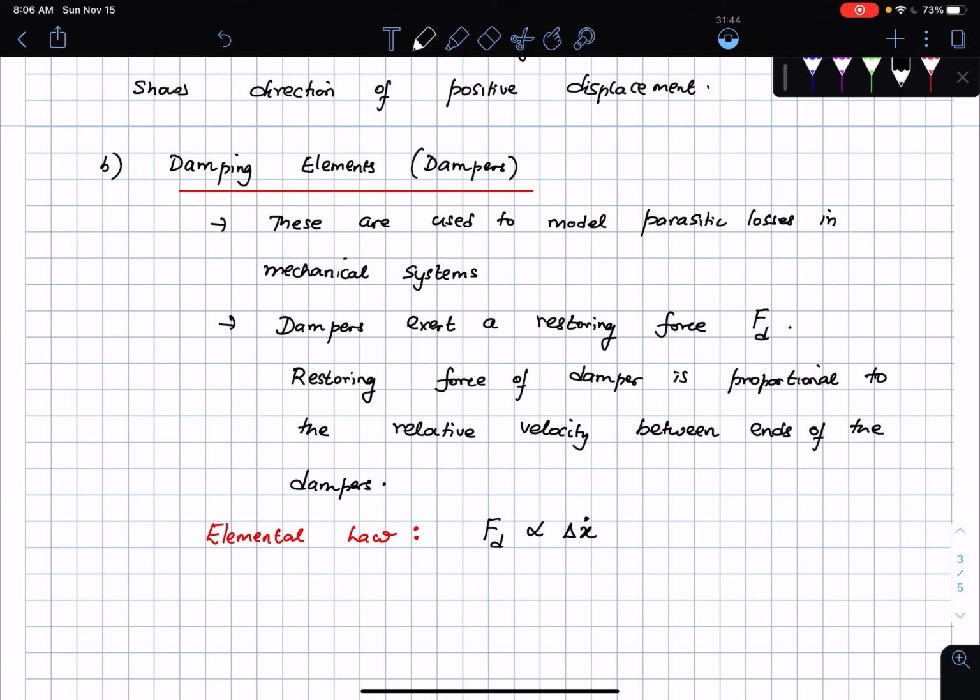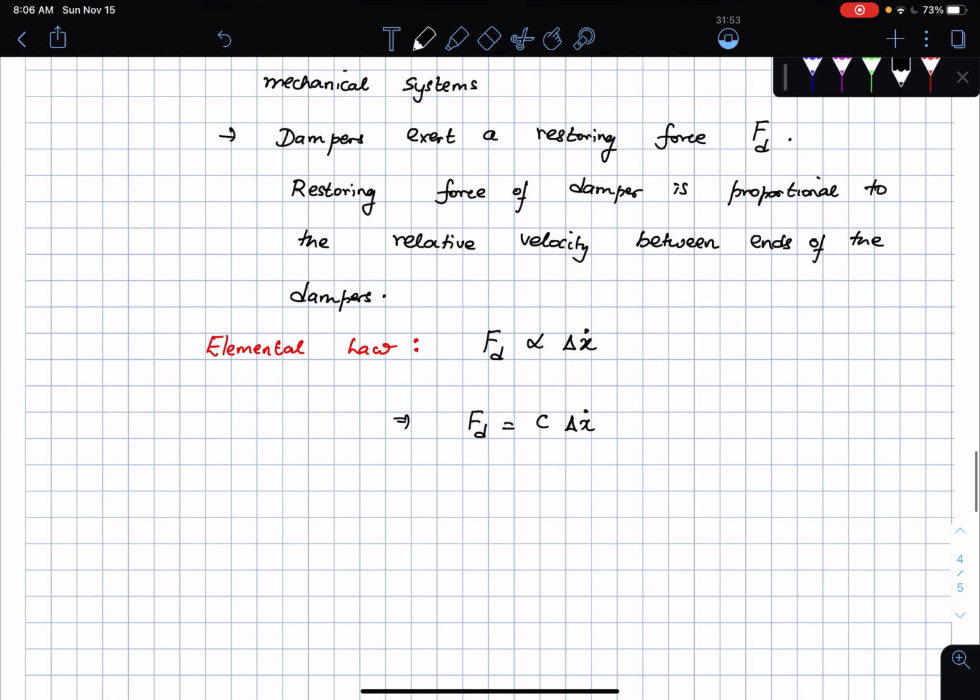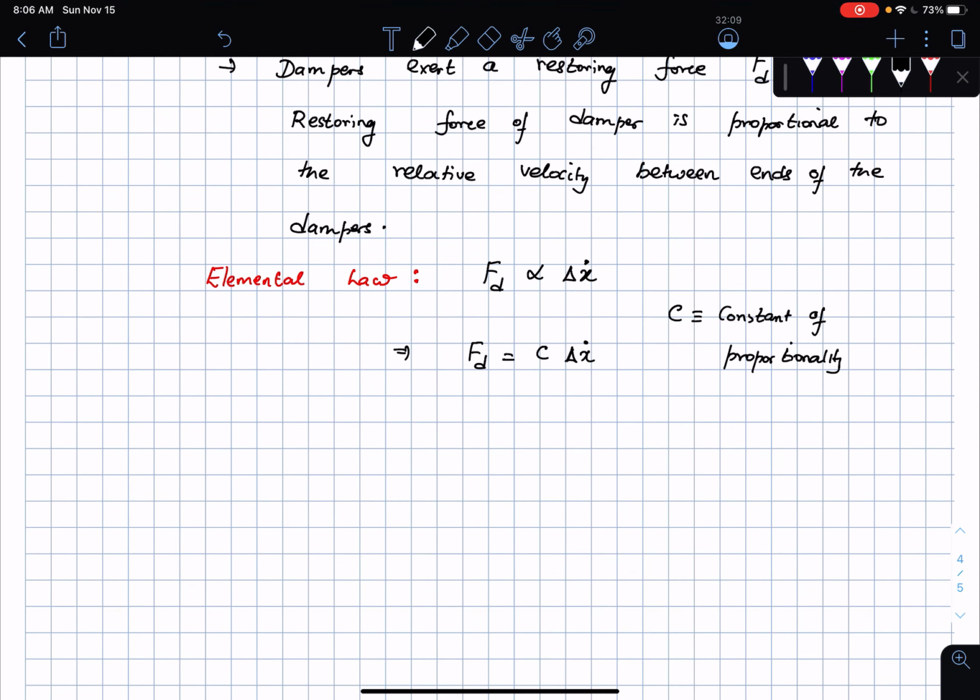Or I can say that Fd is equal to some c times delta x dot, where c is a constant of proportionality. And typically c is also called the damping constant.